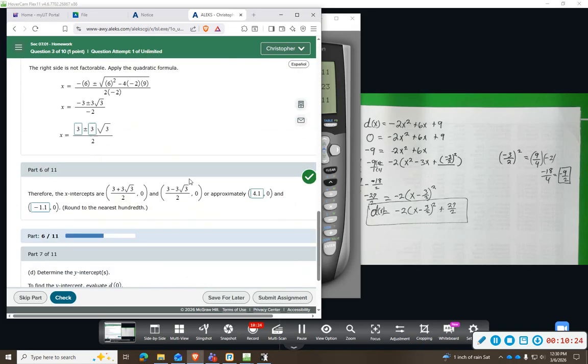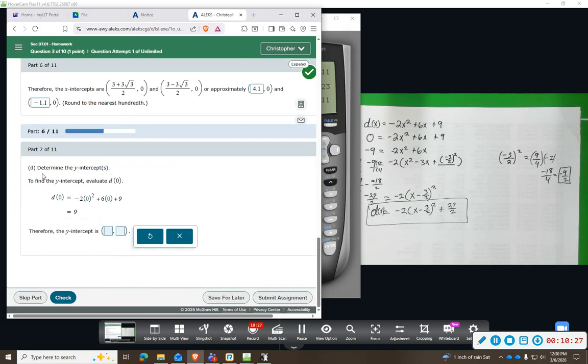All right, so check. Now we want to determine the y-intercept, so we just plug in a 0 to everything and we get 9. So the ordered pair is (0, 9). It's actually easier to get the y-intercept from the standard form, as you can see.